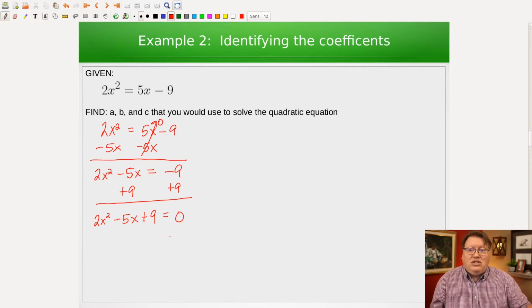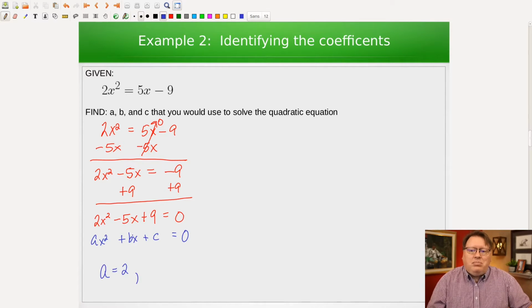So all I have to do is write underneath this, and I'll do that in a different color. We can write ax squared plus bx plus c is equal to 0. And now I want to pull my coefficients. So in this case, the number multiplying x squared is a 2. So I get a is equal to 2.